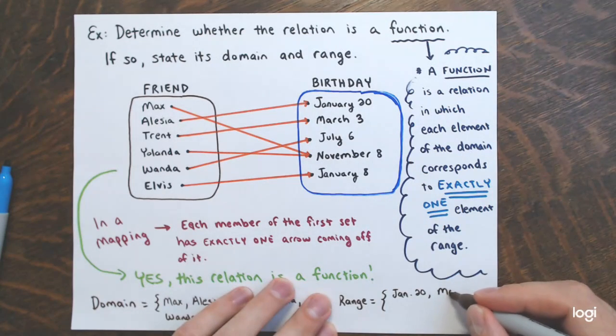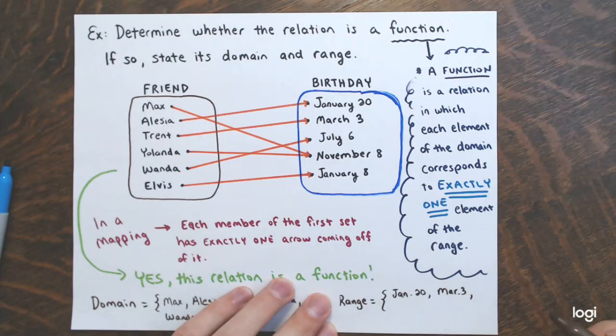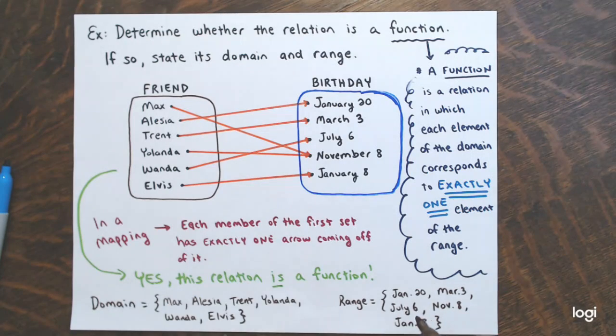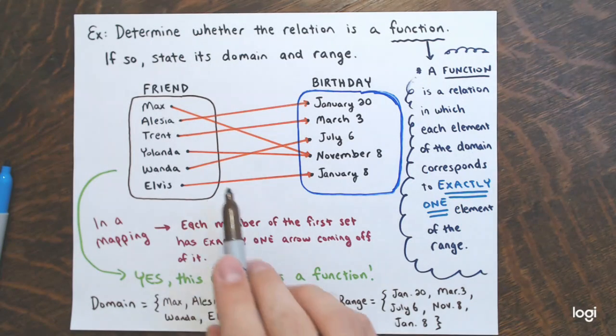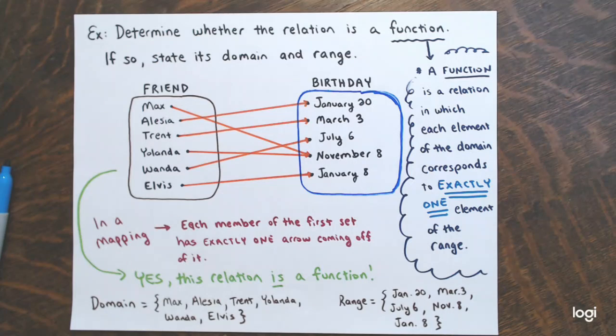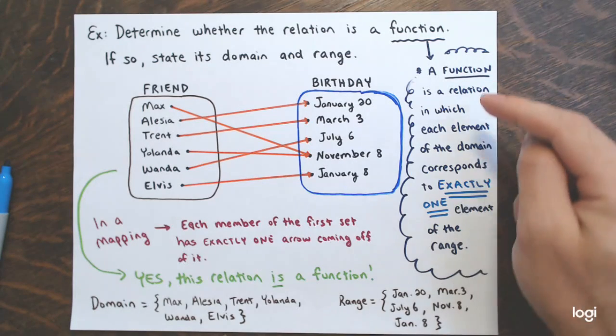March 3rd is in the range. July 6th. November 8th, comma, and then January 8th. All five of those dates, close the set, are in the range of this, what we now know as a function.